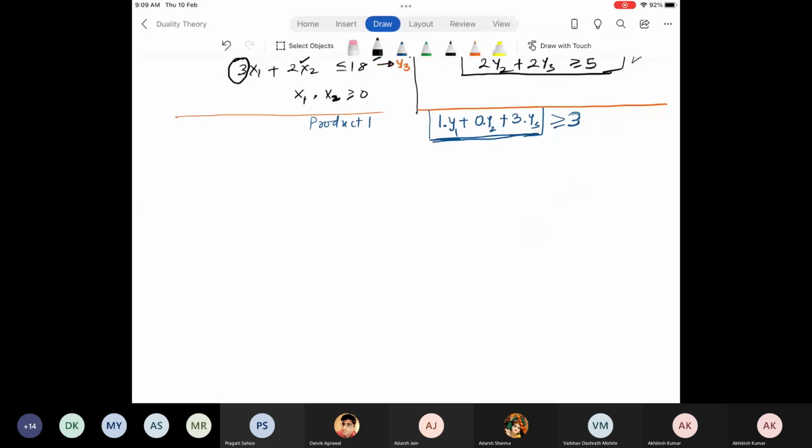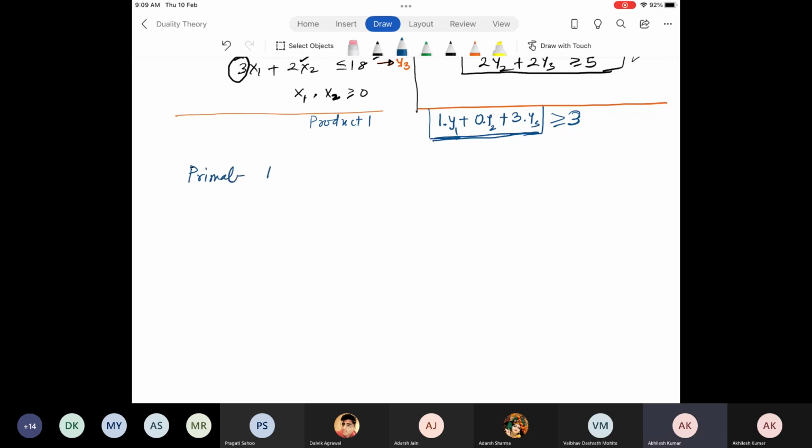So just a second. Primal dual relationship. So that is from economics and understanding.